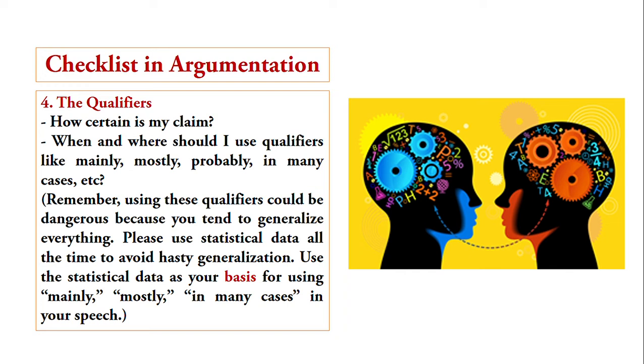If in the statistical data that you have, you could see that really a large percentage or most of the percentage of the data are this and that, then therefore you could use the qualifiers like mainly, mostly, and in many cases. But if it is not supported by statistical data, please do refrain from using qualifiers.